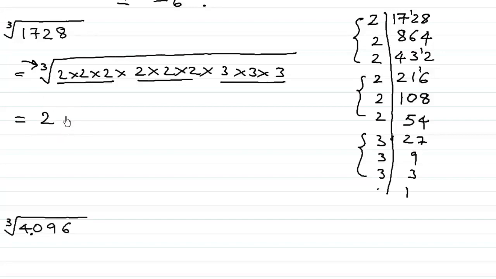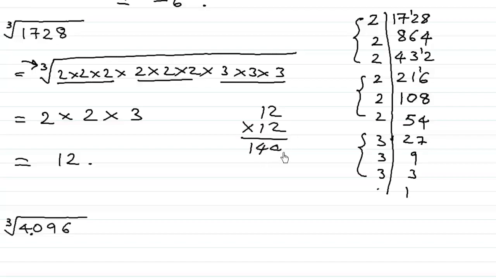So a 2 comes outside, another 2 comes outside, and a 3 comes outside. So we have 2 2s are 4, and 4 3s is 12. So the cube root of 1728 is 12. So if you just do it in the corner, 12 12s is 144, and if you just do 144 into 12, you shall be getting 1728.